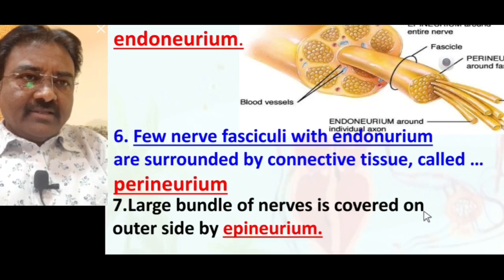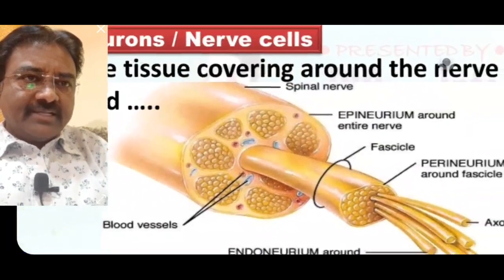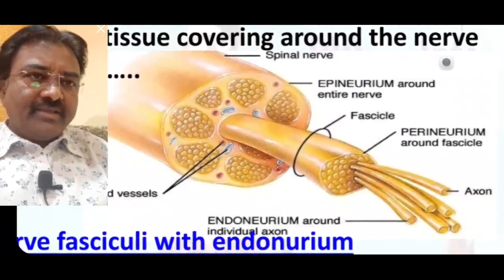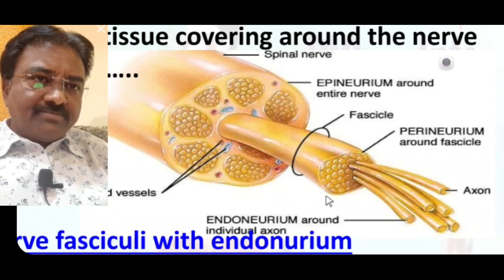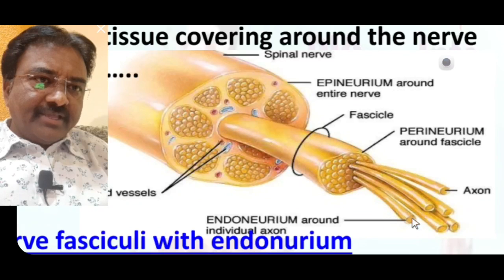Here is a diagrammatic representation. This one is epineurium, means this covering is epineurium, this covering is perineurium, and this covering is endoneurium. Endoneurium is covered by nerve fasciculi.